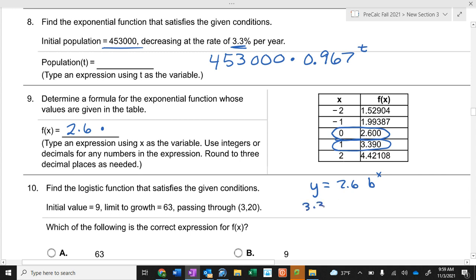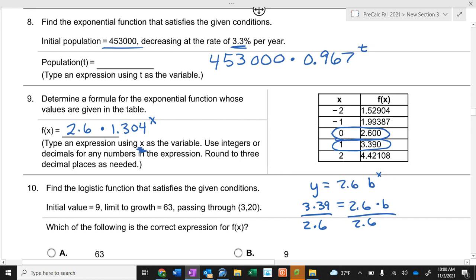So 3.39 equals 2.6 times b to the first power. So I just divide by 2.6. Somebody with a calculator, 3.39 divided by 2.6. Round to 3 decimal places, please. 1.304 to the x power, using x as a variable.